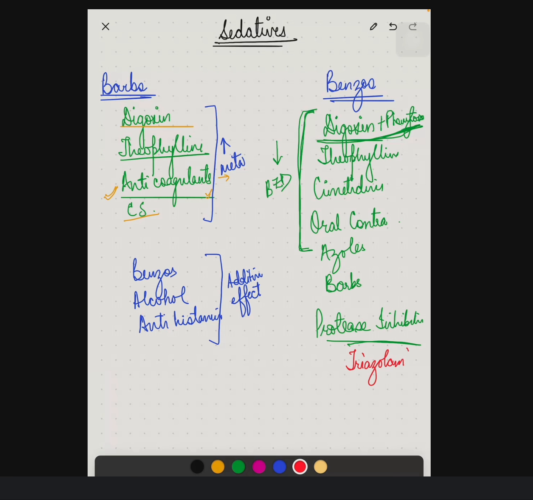I'm not sure if this is important to remember, but they all are increasing the effect of benzos directly or indirectly, and therefore more sedation is there. So these are the interactions seen with sedatives, with barbs and benzos.